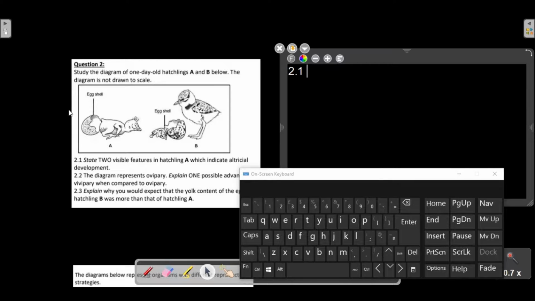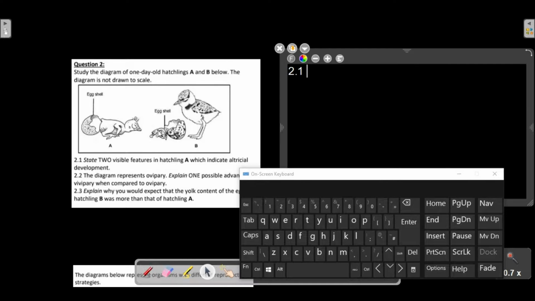As you can see, we have an eggshell, and hatchling A, from the start, has its eyes closed. It looks very vulnerable. It does not have feathers.